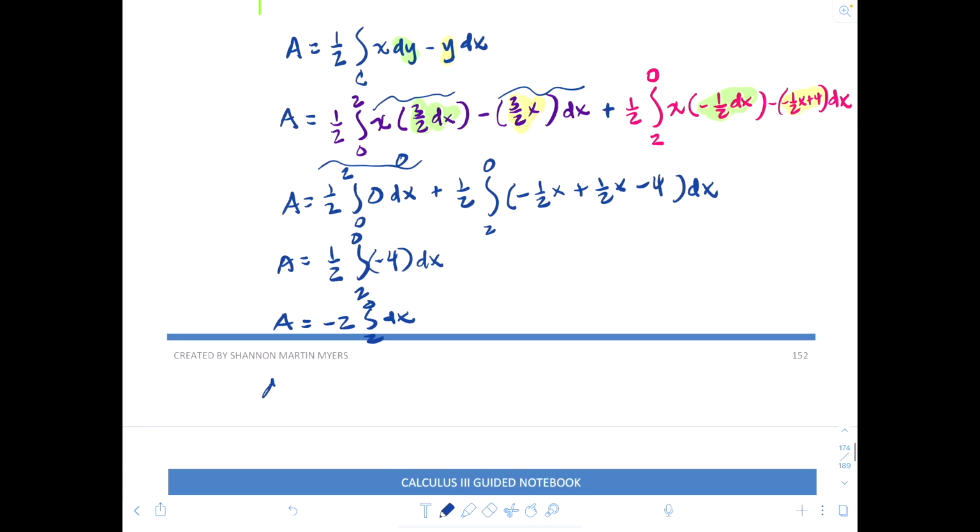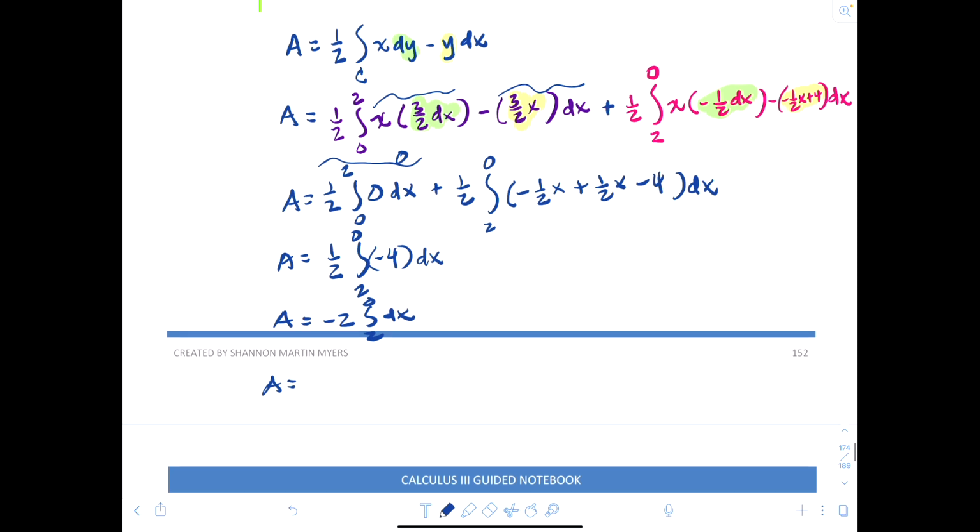But remember, you can flip the order of integration if you change the sign. So we'd have 2 times the integral from 0 to 2 dx, which is just going to be 2 times x, from x is 0 to x is 2. So our area will just end up being 4 square units.